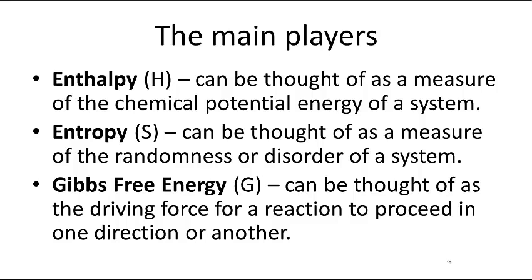And it turns out randomness is important because the universe tends to get more and more random as time goes on. And then Gibbs free energy is a construct that we put together to tell us which way a reaction wants to go. So we'll think of it as a driving force for a reaction. Those are the characters, and we'll come back to each one. I just wanted to put them out there up front, to let you know some of the terminology.